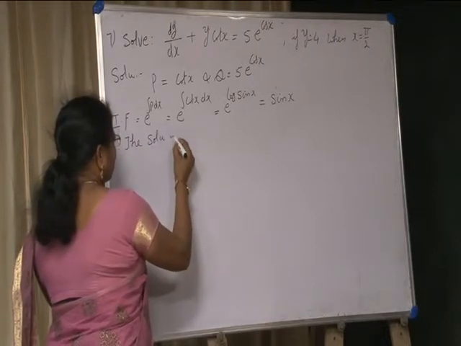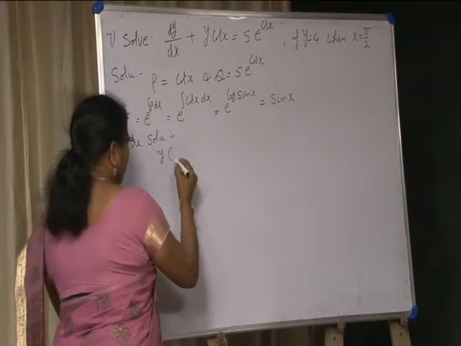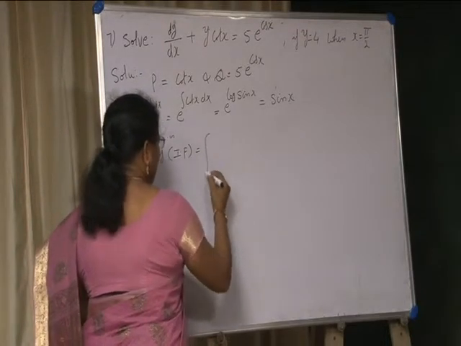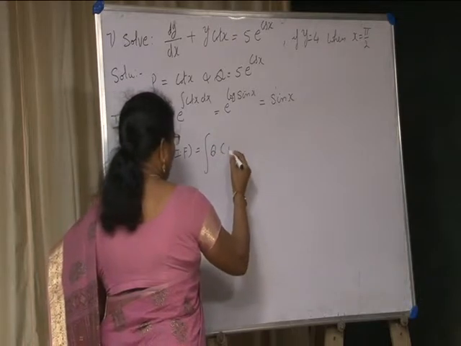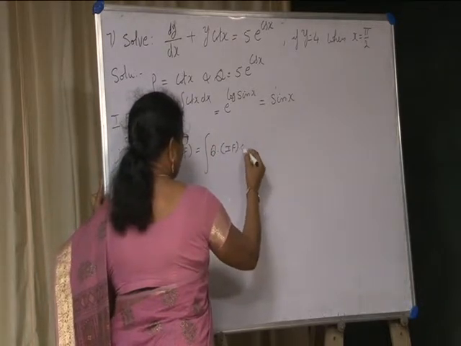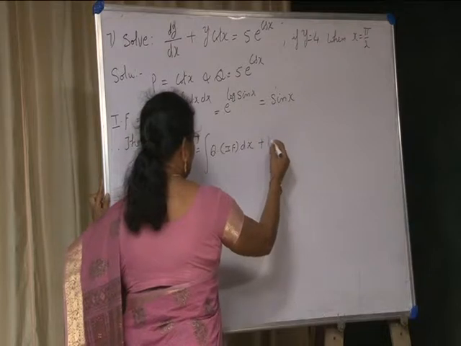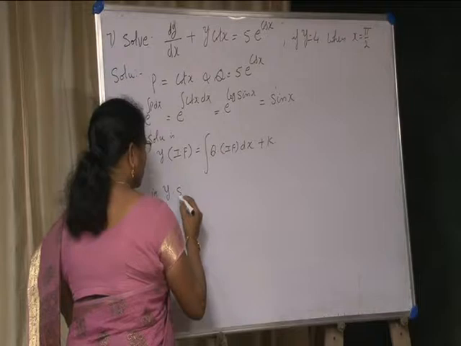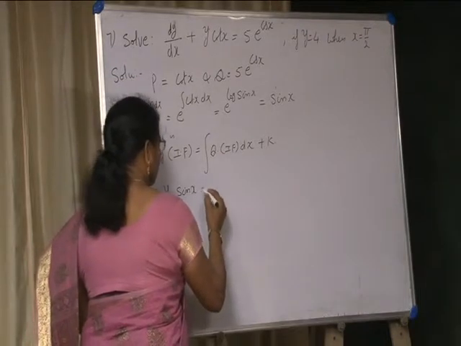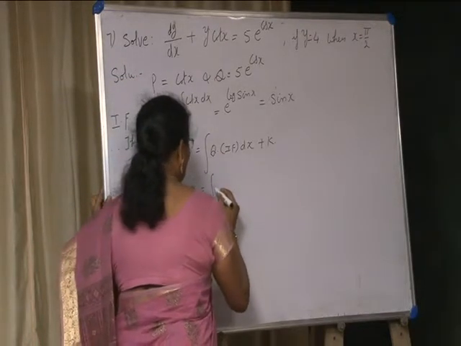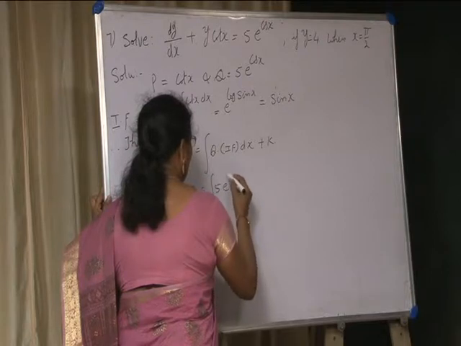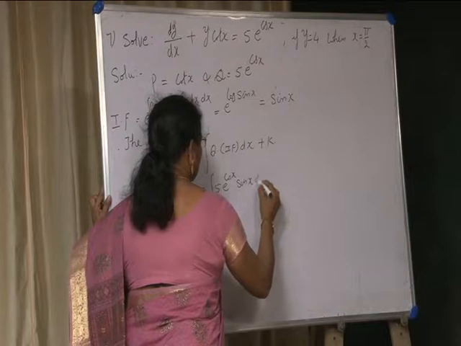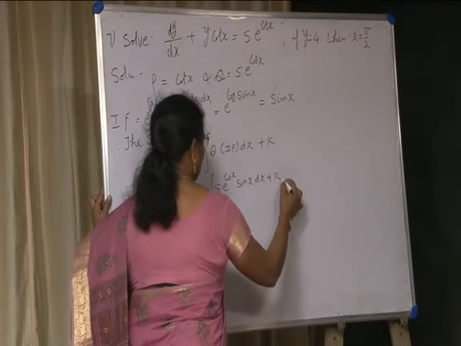Therefore the solution is y into integrating factor is equal to integration of q into integrating factor dx plus k, that is y into sin x is equal to integration of 5 e to the power of cos x into sin x dx plus k.